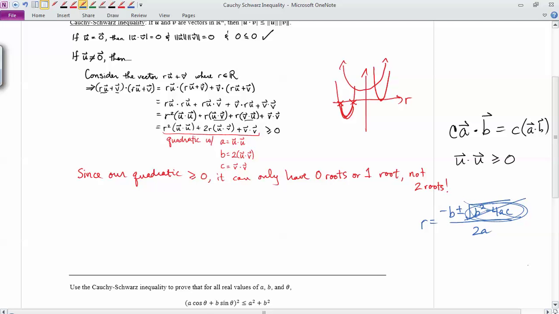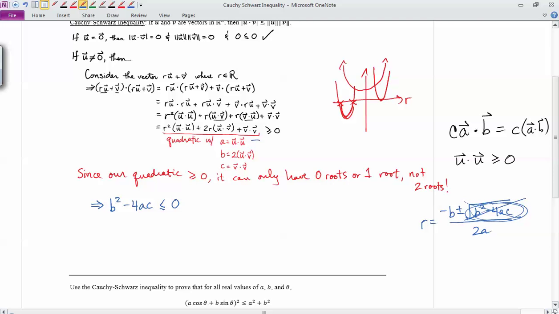So if we look at the discriminant b squared minus 4ac, well, I know that I need 0 or 1 root. So the way that happens, I get 0 roots if it's negative, and I get 1 root if it happens to equal 0. So we know the discriminant has to be less than or equal to 0.